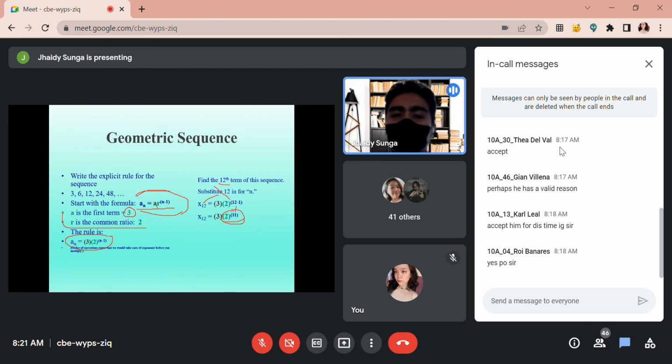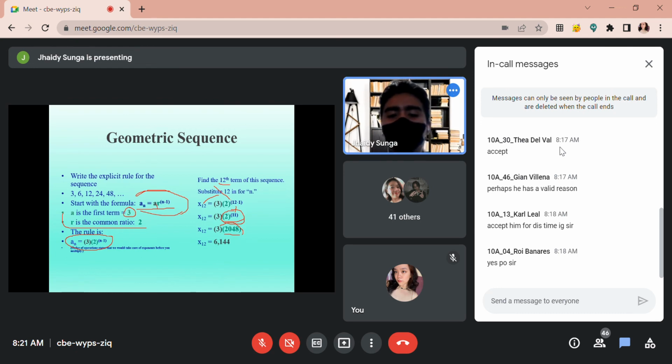So in PEMDAS: parentheses, exponents, multiplication, division. We now have 2048 times 3. Then therefore, our a sub n, it's not an x. Let us say that it is x because it is for the last part of the substitution, but I will still consider that one as a sub n.